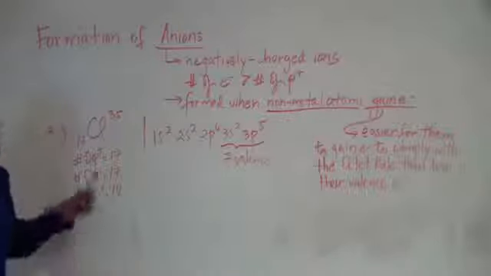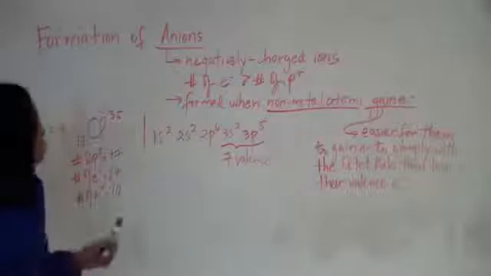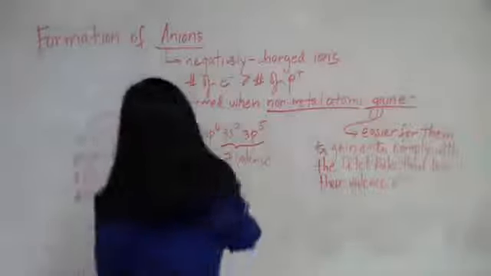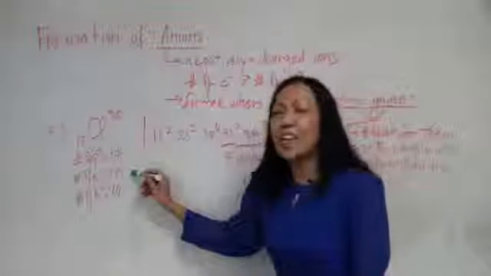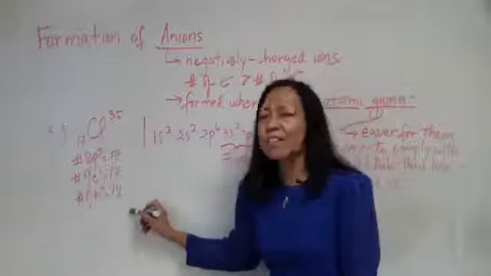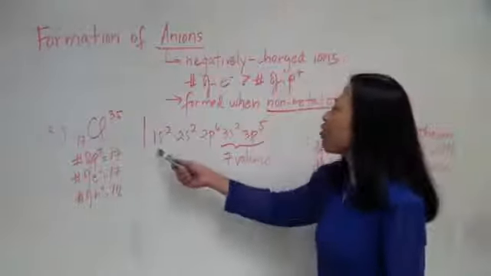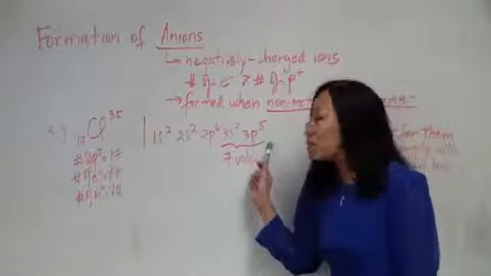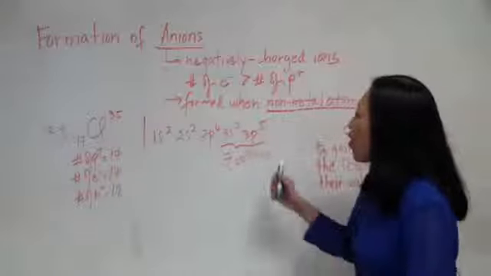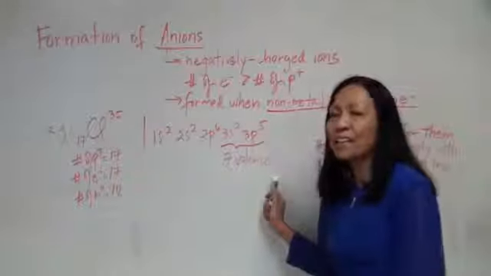All right, so let's take chlorine as an example. Chlorine 17-35, it has 17 protons, 17 electrons, and 18 neutrons. Its electronic configuration is 1s2, 2s2, 2p6, 3s2, 3p5. So chlorine has 7 valence electrons.